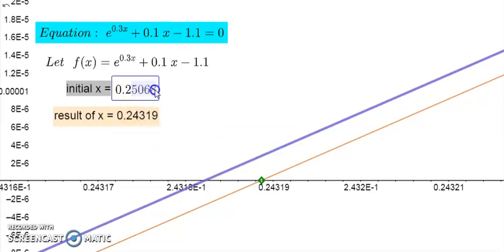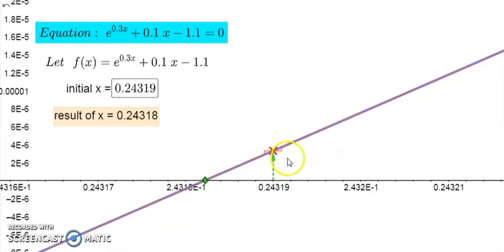Let me now insert the value 0.24319. Later you will see an arrow pointing at the corresponding point with the same x coordinate on the curve, and form its corresponding tangent, as you see now.